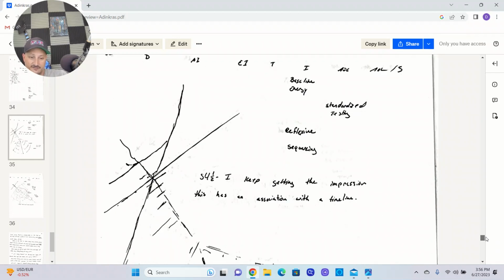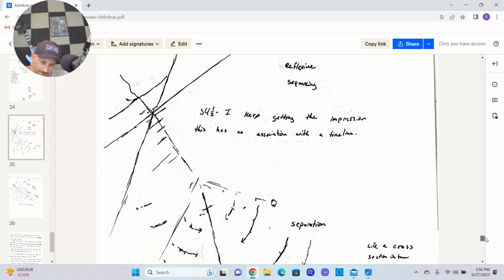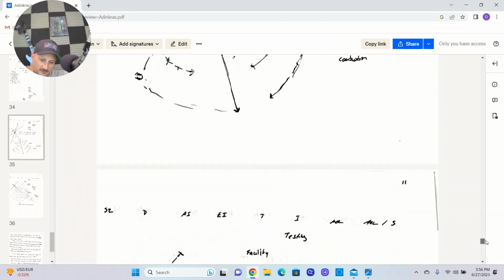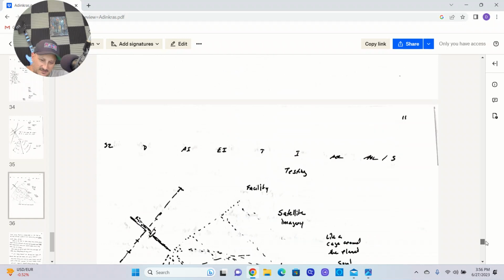It's getting the same stuff here. Okay, it's AOL standardized testing. Okay, reflexive sequencing. I keep getting the impression this has an association with a timeline. This idea of separation, like a cross section in time. Testing.